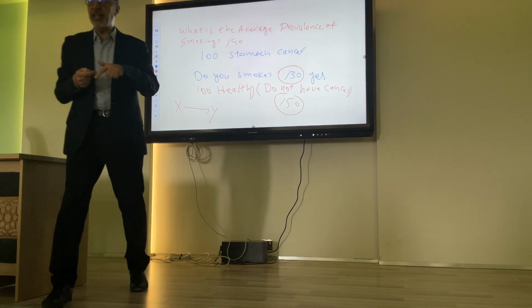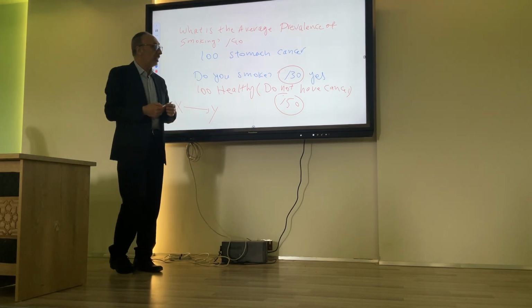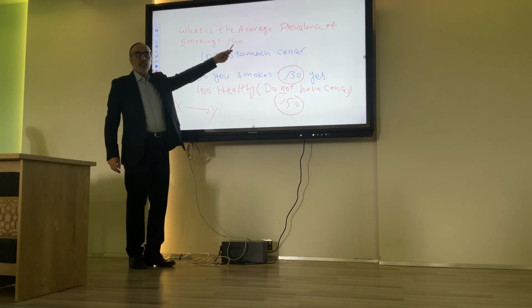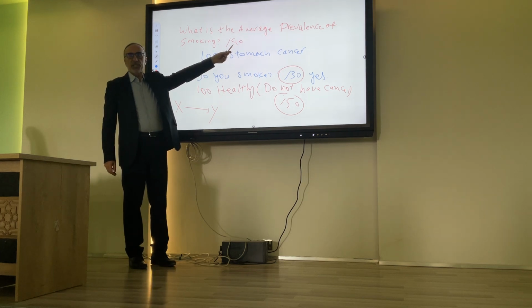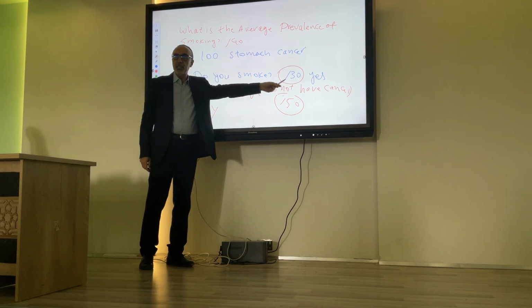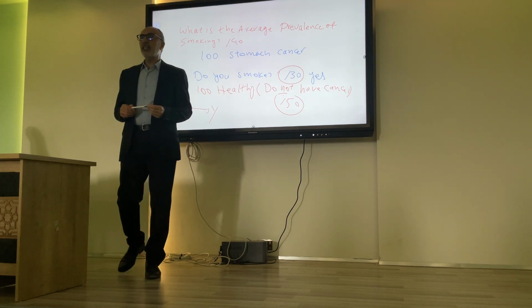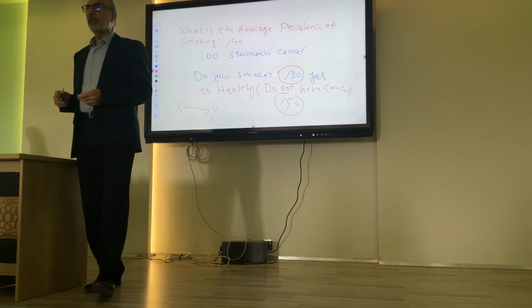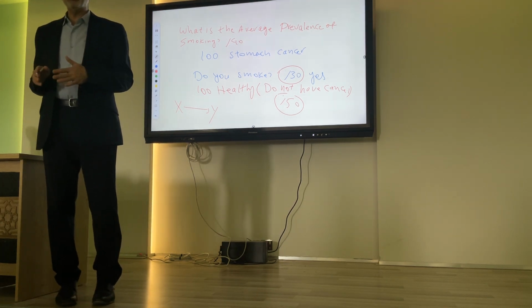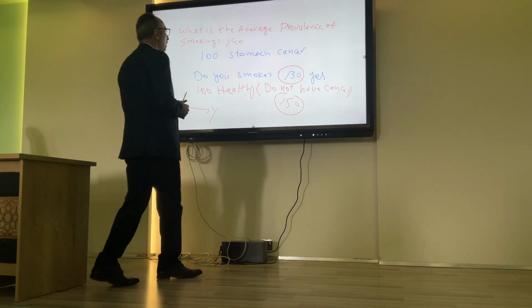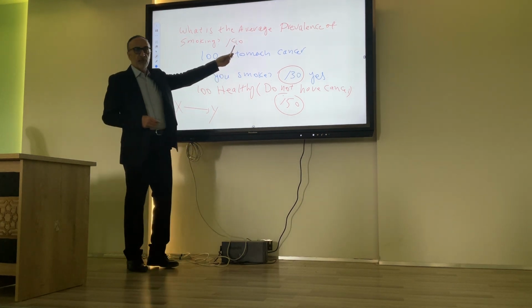If you know that he or she has cancer, you can say that the chance of smoking is less than 40%, because we know that cancer patients have 30% smoking. If I say that she or he is healthy, does not have stomach cancer, you can say that the chance of smoking is higher than 40%.